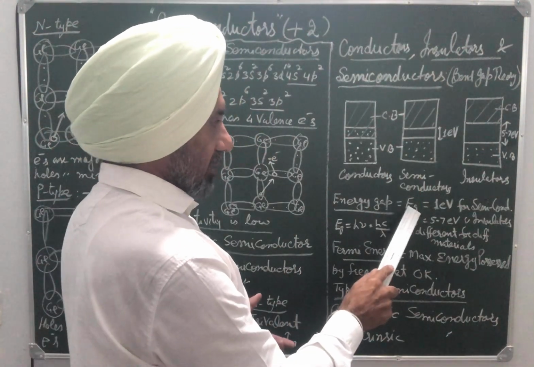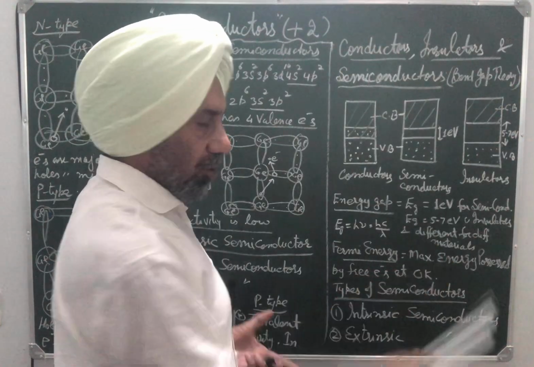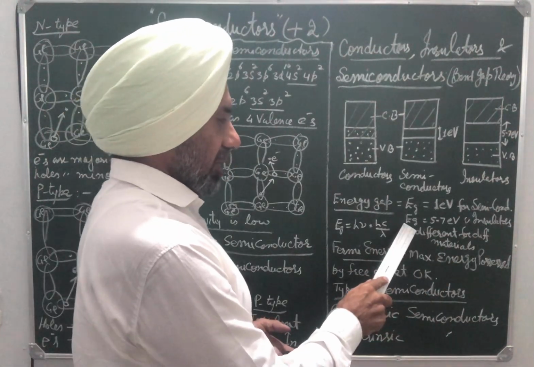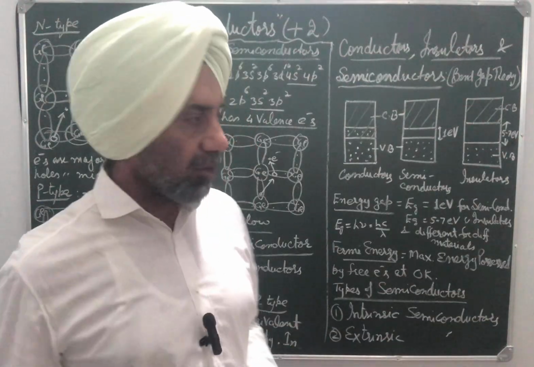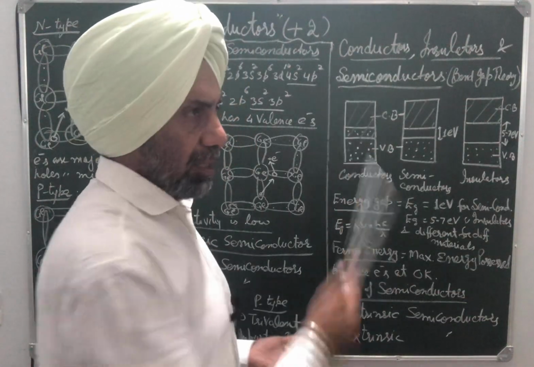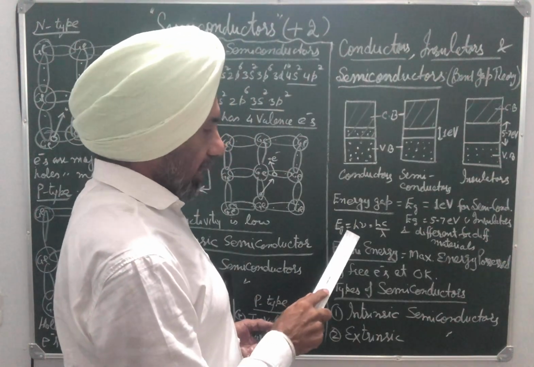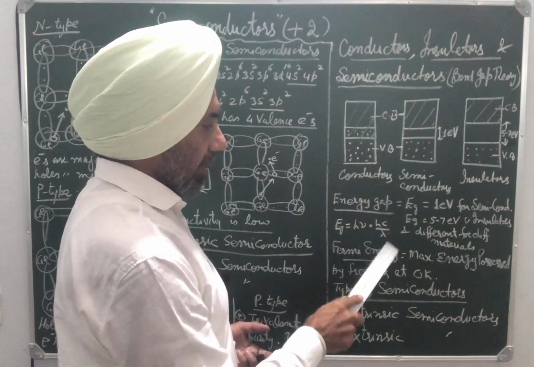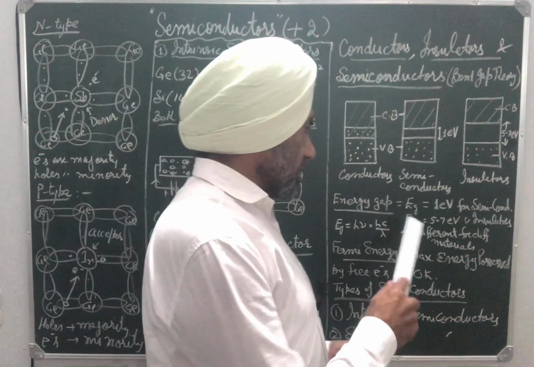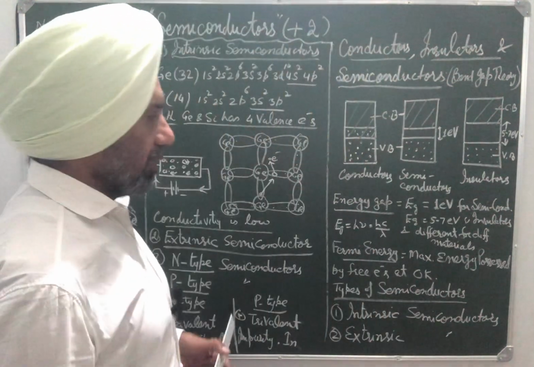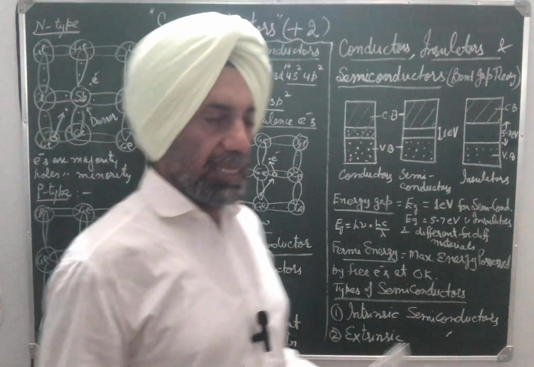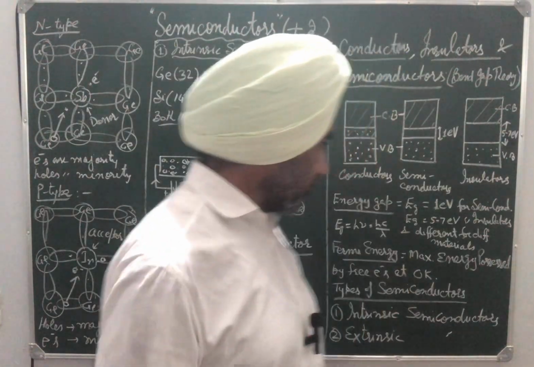For semiconductors it is of the order of 1 electron volt, for insulators it is of the order of 5 to 7 electron volt, and in case of conductors there is no gap. Energy gap is given by Eg = hν or hc/λ, where h is Planck's constant, c is the speed of light, and λ is the wavelength. So this energy gap is different for different materials.